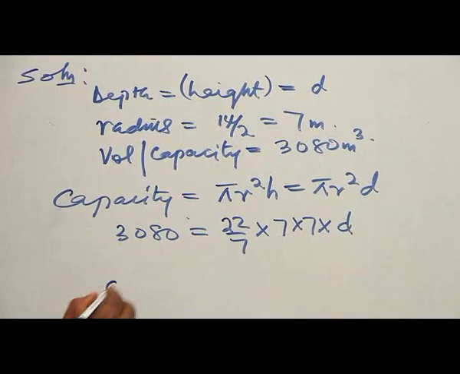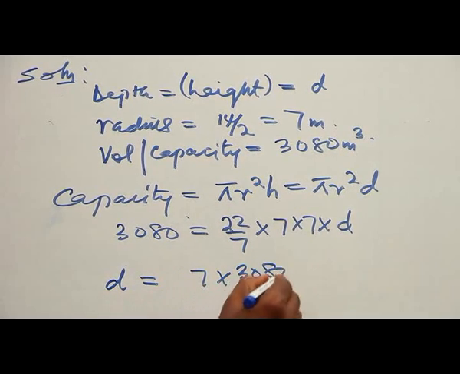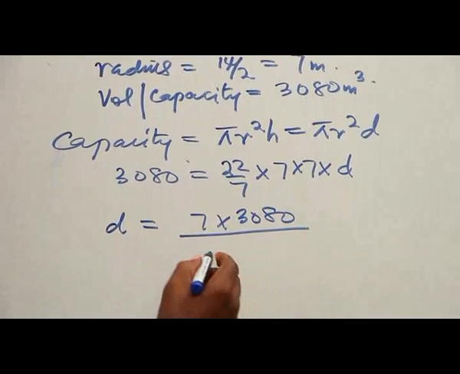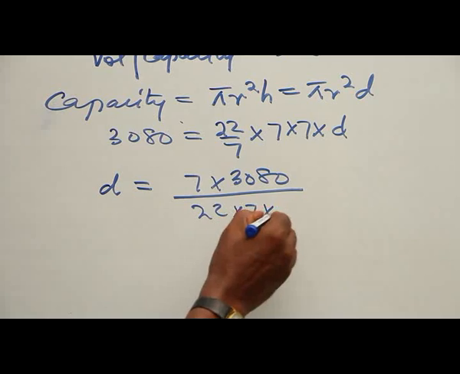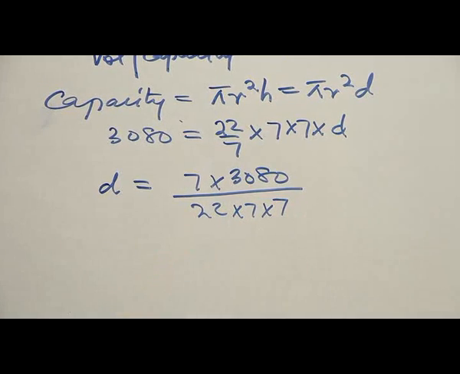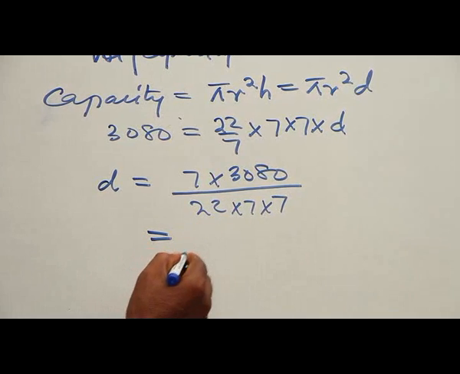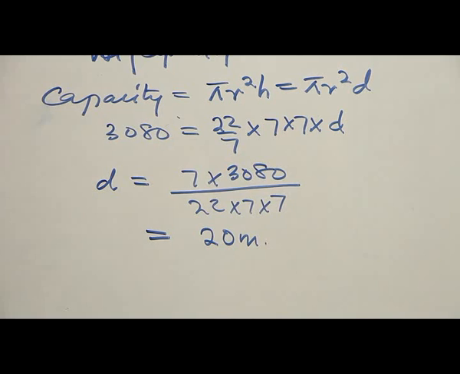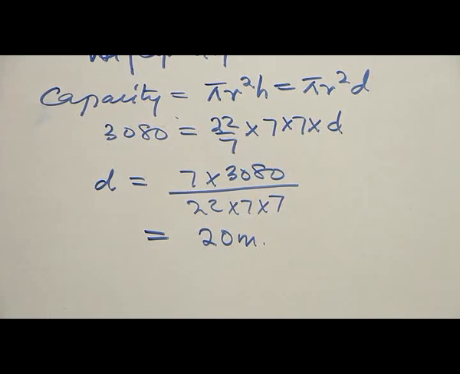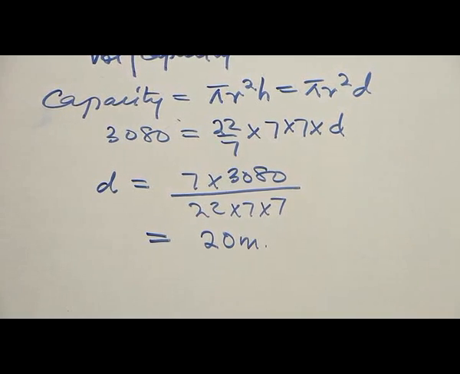Your d will now be equal to 7 times 3080, and everything here will be divided by 22 times 7 times 7. And of course, what will this give to you? When you now cancel out, your answer will be 20 meters. So that is the depth of the water in that particular cylindrical tank.